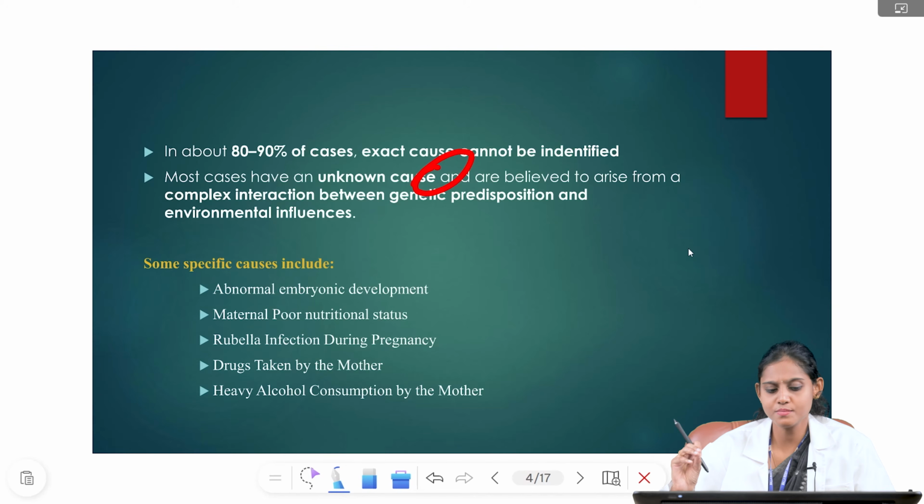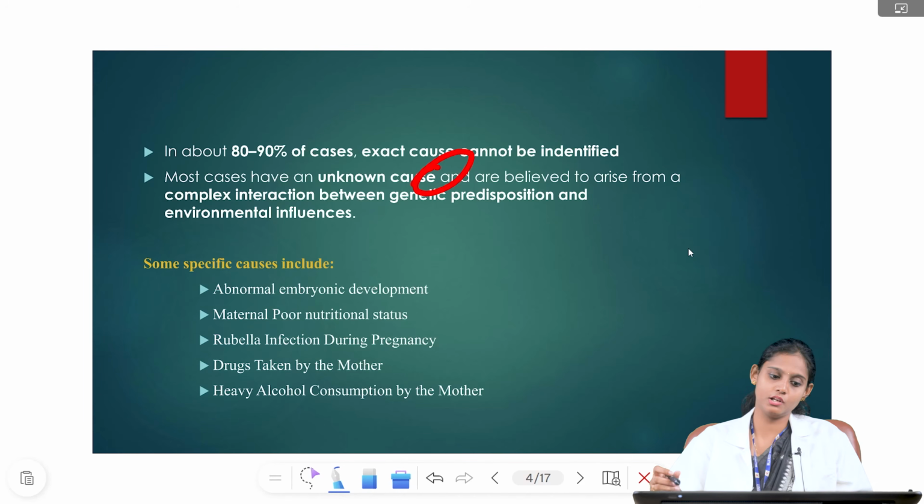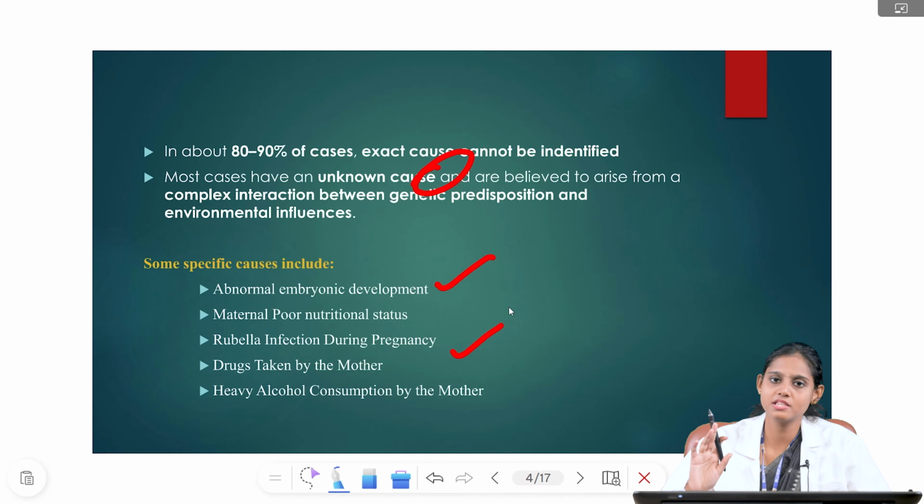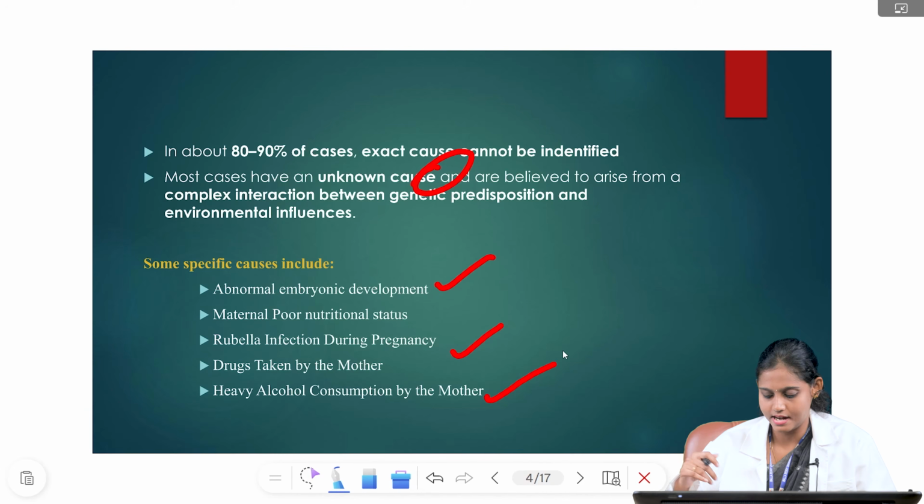Still, we have some specific causes, which include abnormal embryogenic development, maternal poor nutritional status, rubella infections during pregnancy, some contraindicated drugs consumed by the mother during pregnancy, and heavy alcohol consumption by the mother during pregnancy. These are all specific causes of congenital heart diseases.